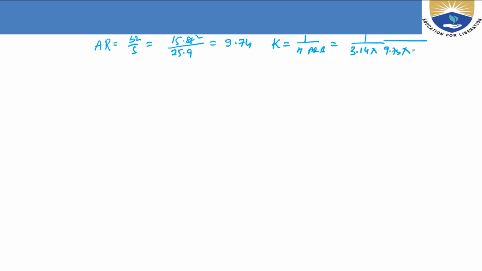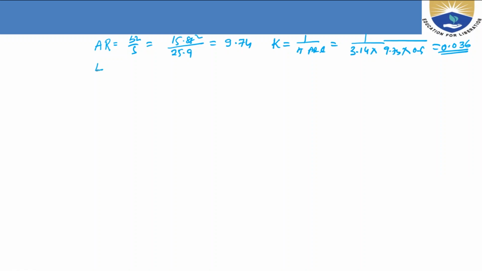We first find the aspect ratio, which is b square by S. b is 15.88 square, area is 25.9, you will get 9.74. Kappa is equal to 1 by pi, aspect ratio, e. 1 by 3.14, aspect ratio is 9.74, e is 0.9, we are getting 0.036.